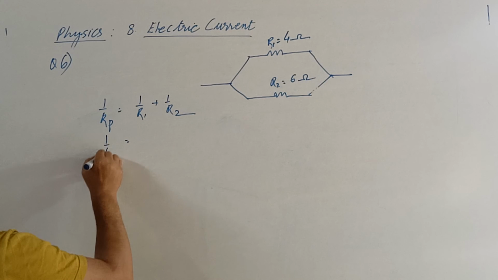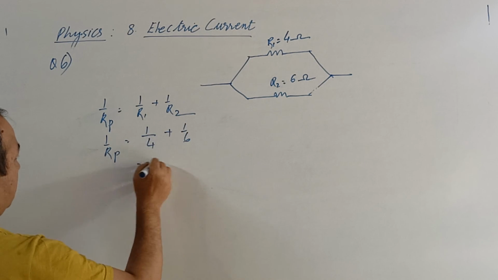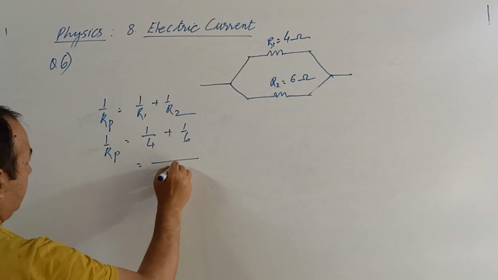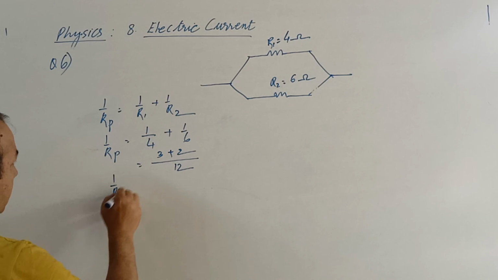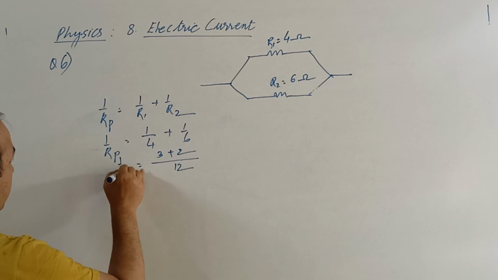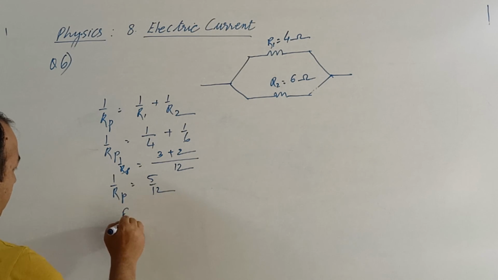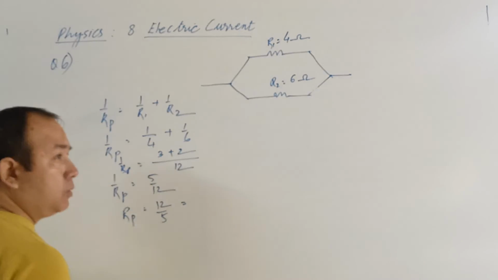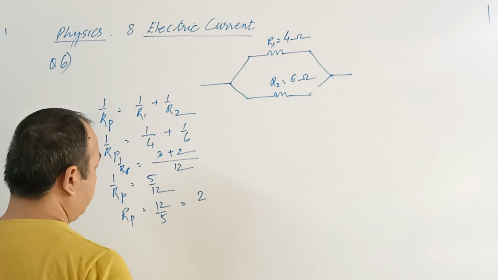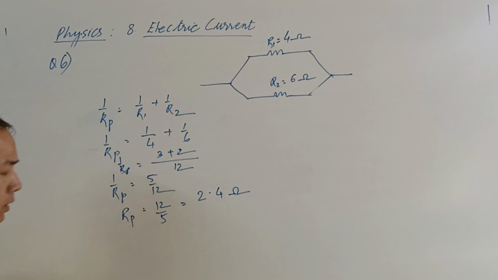So 1 by Rp is equal to 1 by 4 plus 1 by 6. The LCM is 12. 4 goes into 12 three times, 6 goes two times. So 1 upon Rp is equal to 5 upon 12. That means Rp is equal to 12 upon 5, which is 2.4 ohm. So 2.4 ohm is the answer.